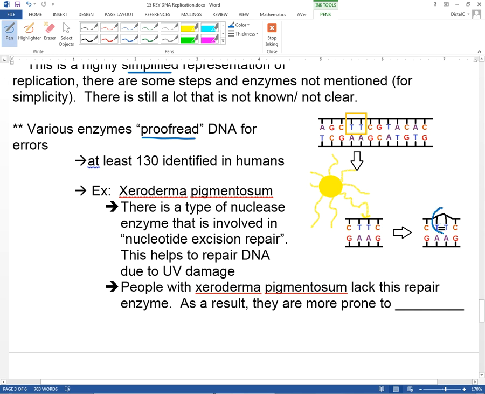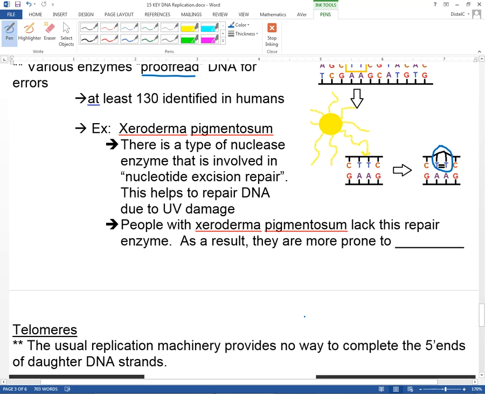So it's kind of messing up those hydrogen bonds in between. So in this particular disorder, xeroderma pigmentosum, they lack this repair enzyme. As a result, what do you think these people would be more prone to? Probably skin cancer. All right, I'm going to stop the video here.